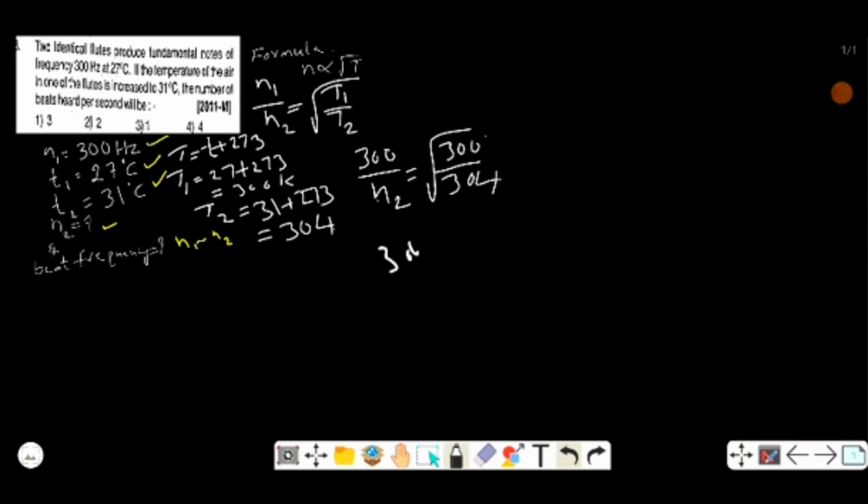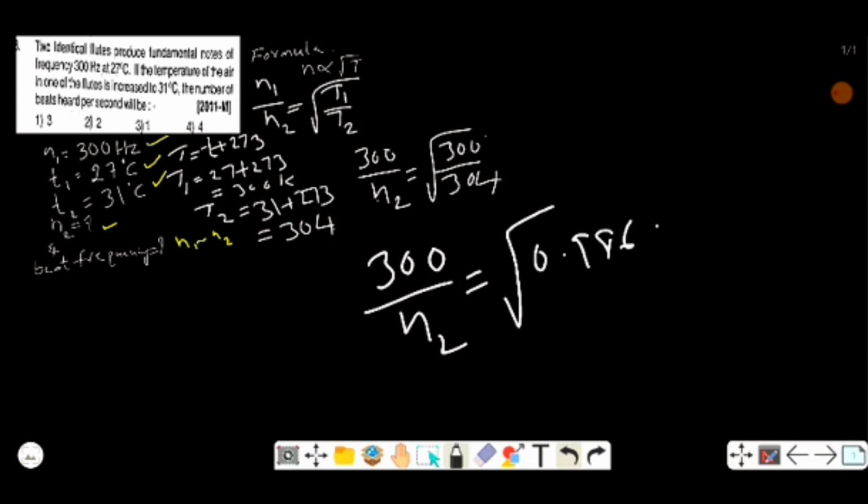300 divided by N2 is equal to root of 300 by 304. 300 by 304 is 0.9868.